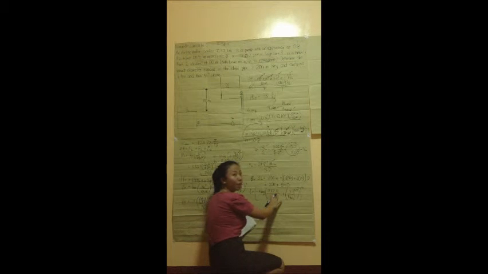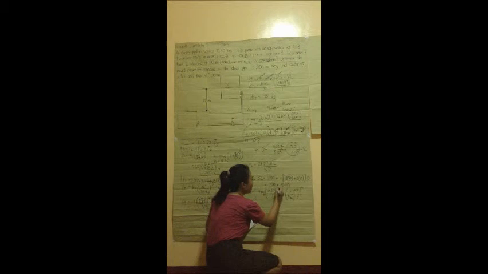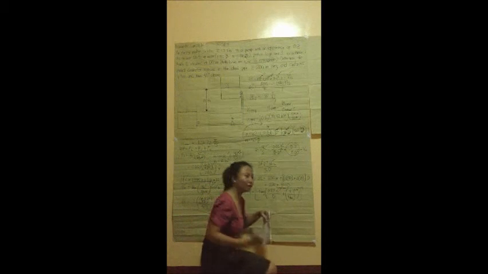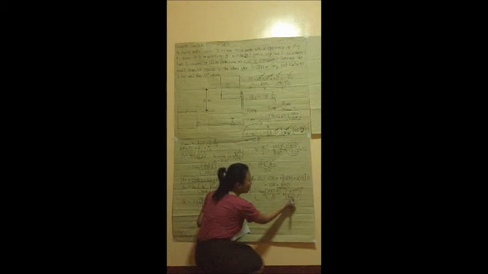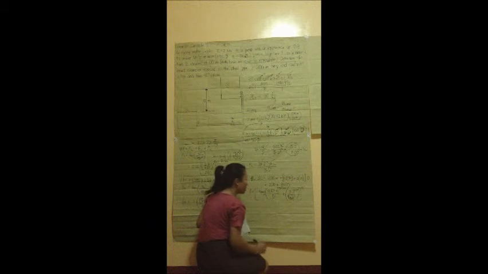The roughness parameter for steel is 0.0457 millimeter. So we need to multiply this to 10 to the negative 3 in order to get the value in meters. But then we need to get the value for the Reynolds number.